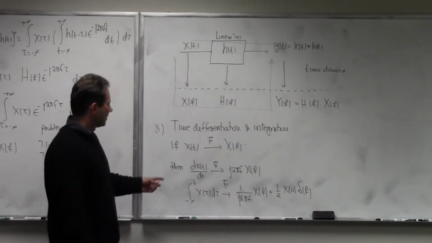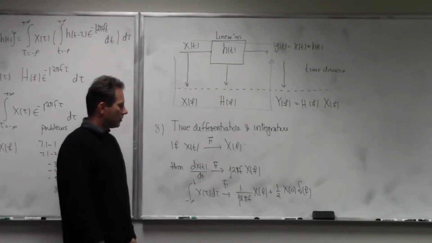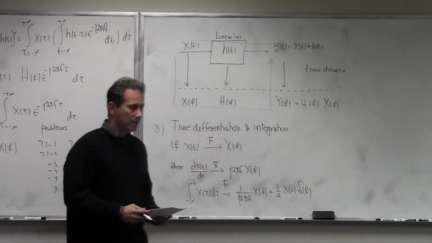So, in other words, if I know the Fourier transform of the signal, obtaining the Fourier transform of its derivative and its integral is relatively straightforward math.